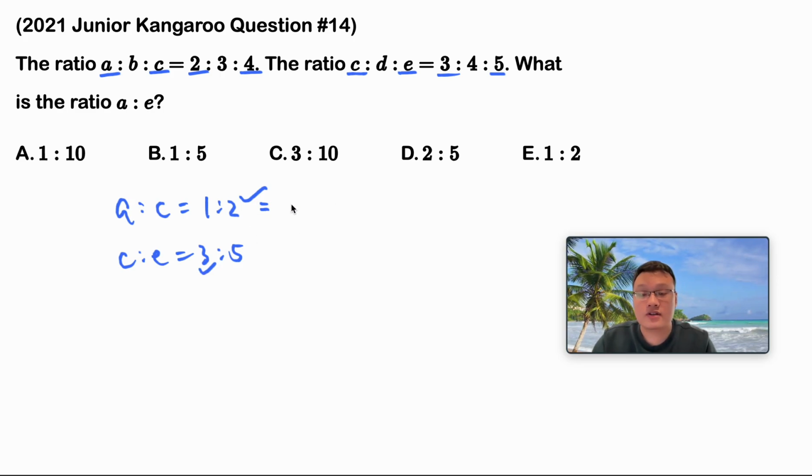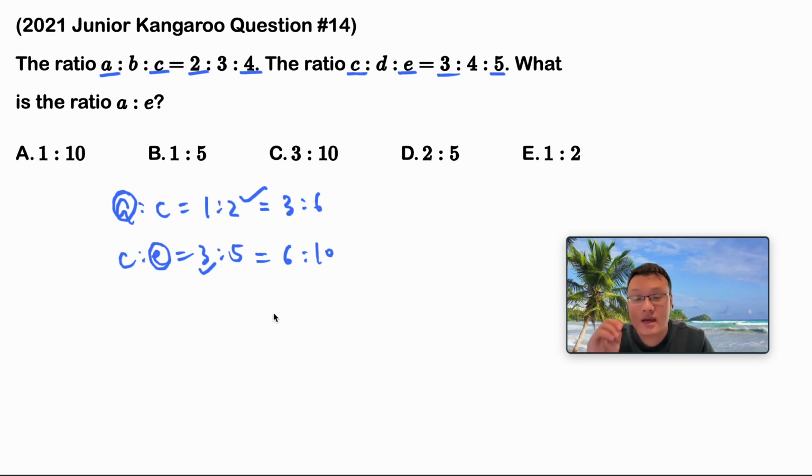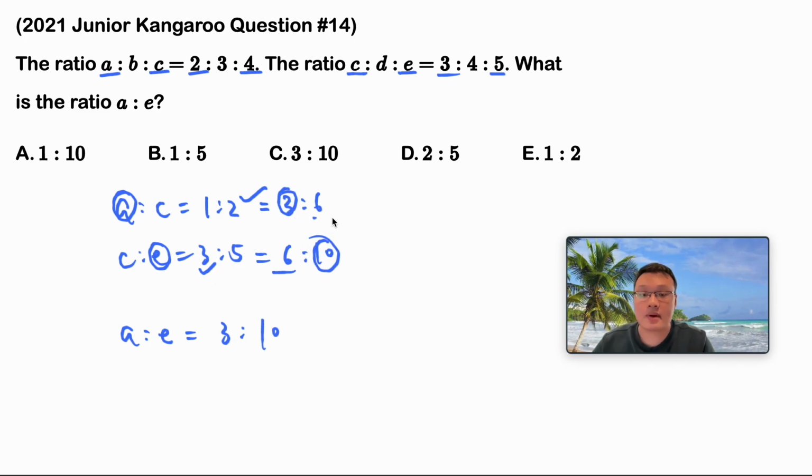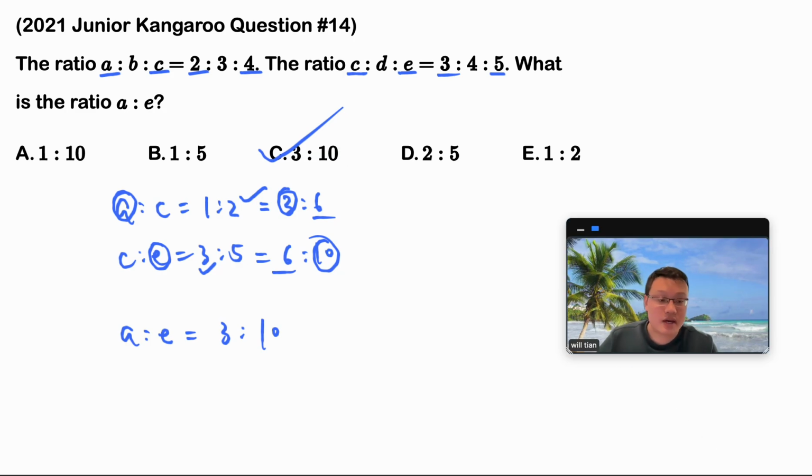So you convert the first one into 3 to 6, and the second one, multiplying each term by 2, will be 6 to 10. And then we'll know that from A to E, the ratio will be 3 to 10, right? A to E equals 3 to 10, because you just convert C into the same number. That's why we choose C.